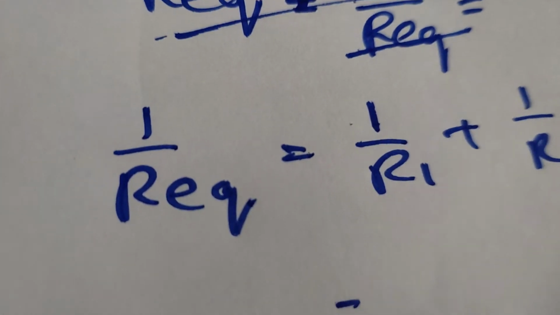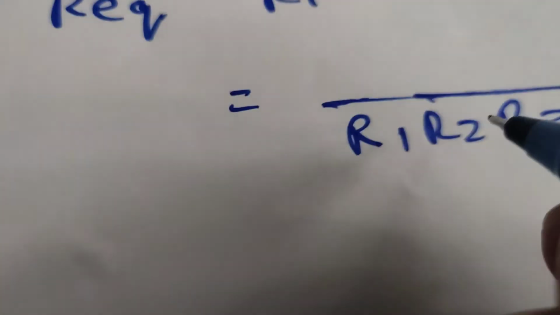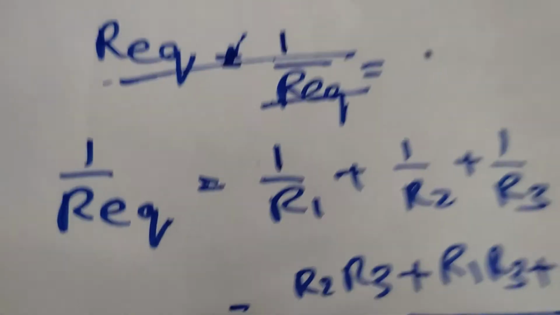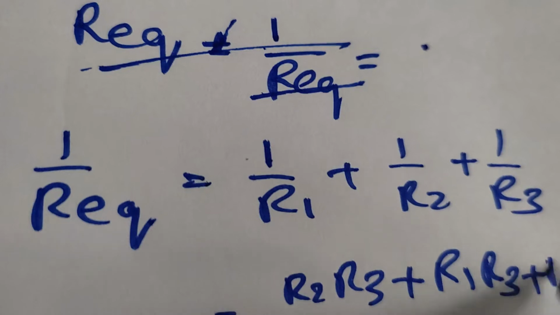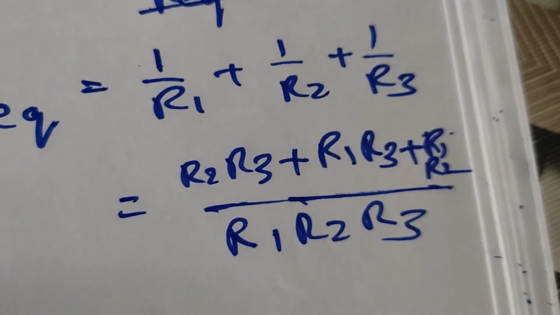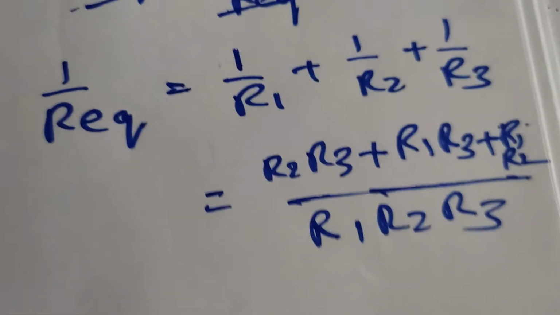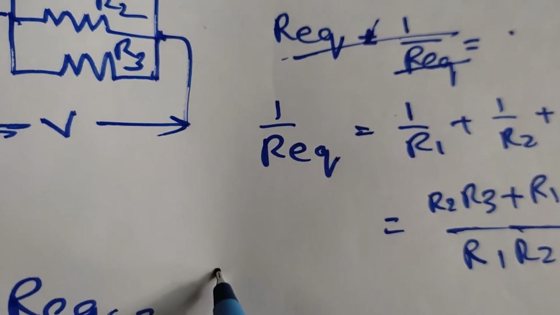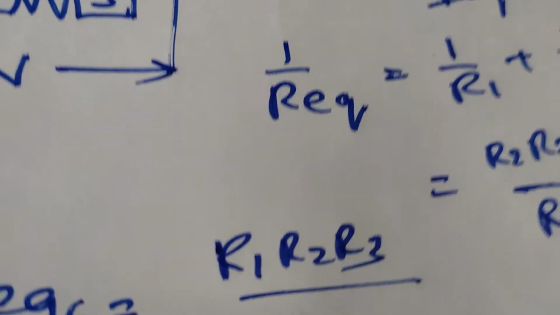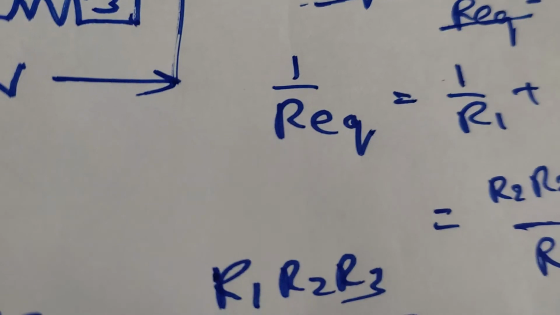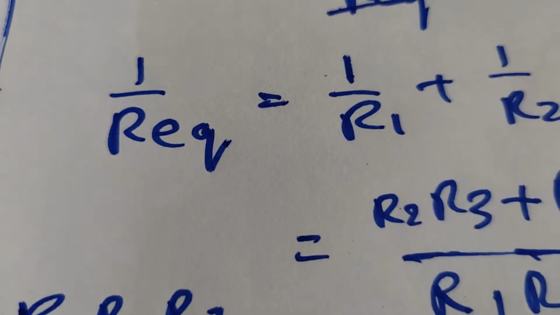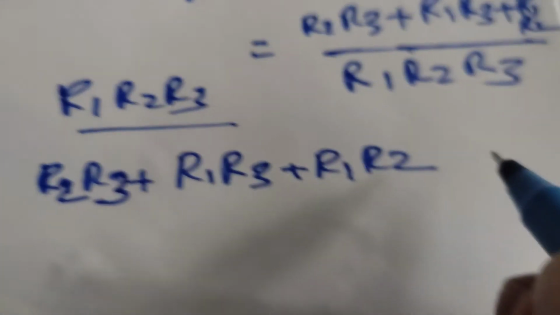We can write it over the common denominator. So R equivalent is R1 R2 R3 divided by R2 R3 plus R1 R3 plus R1 R2.